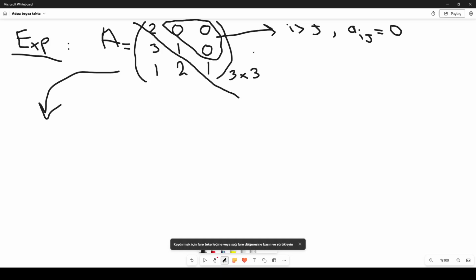So what we know beforehand is we have a lower triangular matrix here, because all the values above the main diagonal are equal to 0. But if we had all the values equal to 0 below the main diagonal, then this is called an upper triangular matrix. I will come to that point as well.